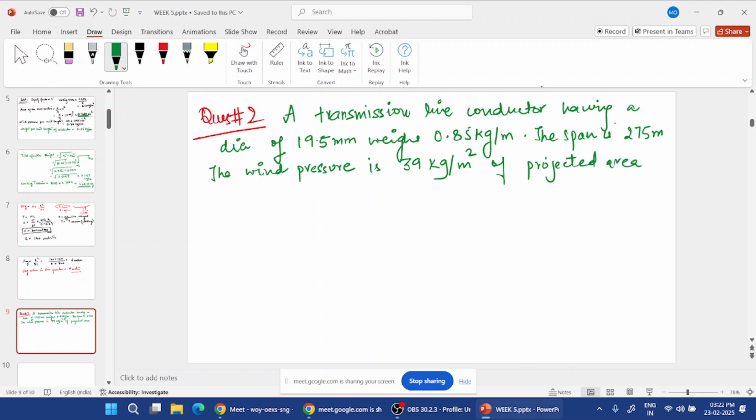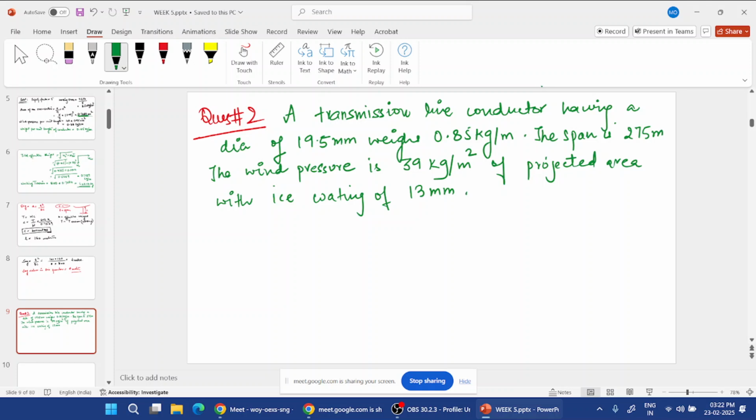Okay, with ice coating of 13 mm. So basically the ice coating on that conductor is 13 mm.